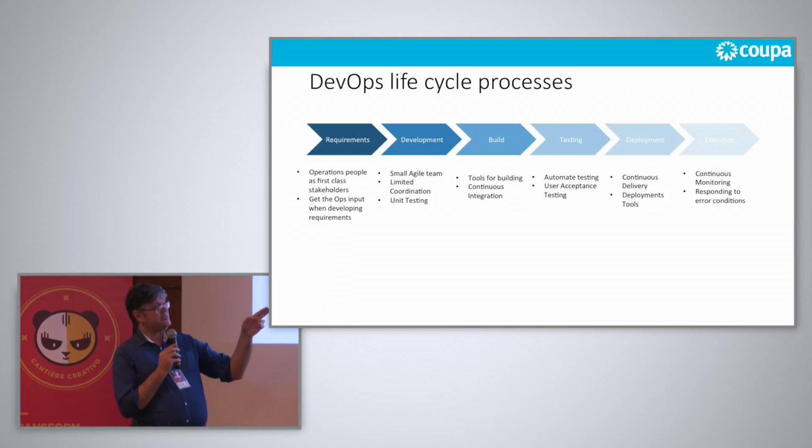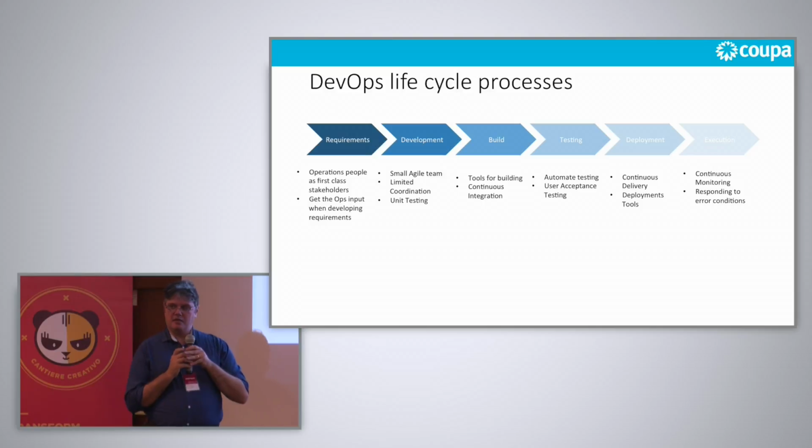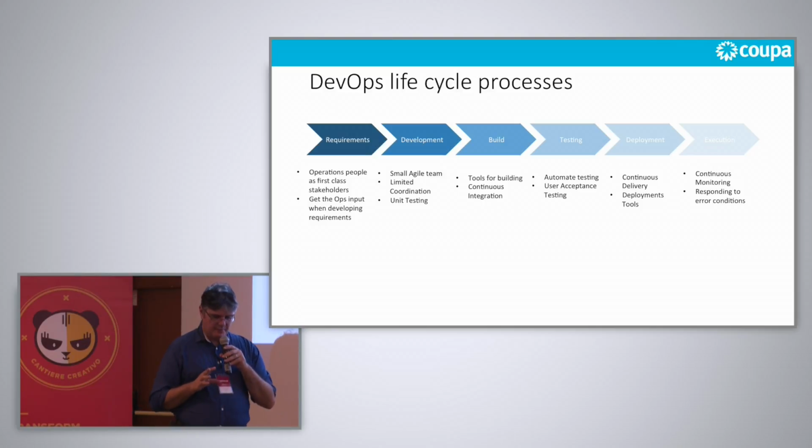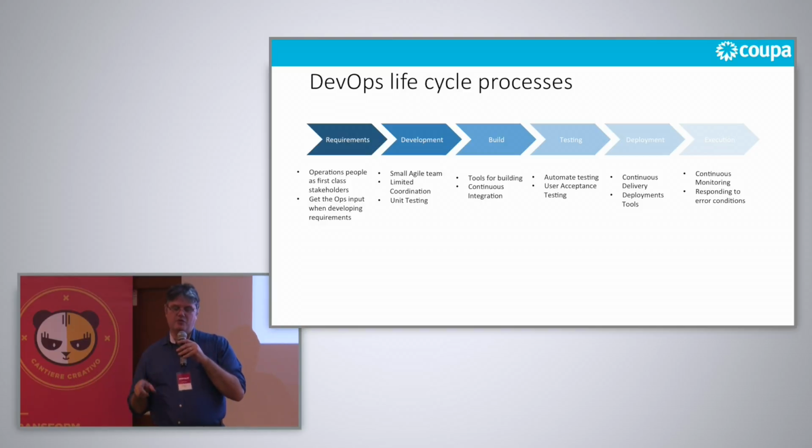Continuous monitoring, responding to error conditions. This is done by some software, one of which is called New Relic. New Relic is software for checking what's happening in the application. We'll see a slide at the end. Every single condition of the application is tested. If you have too much usage of a single Ruby page or too much database load, it's continuously monitored.